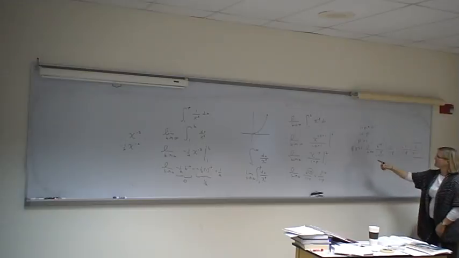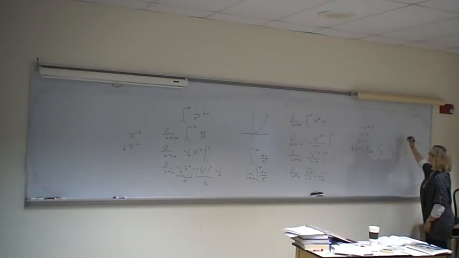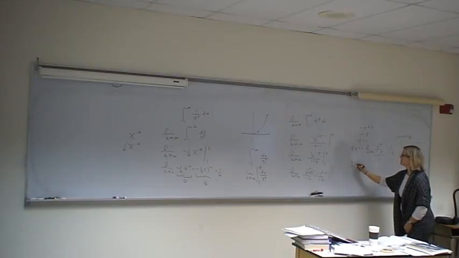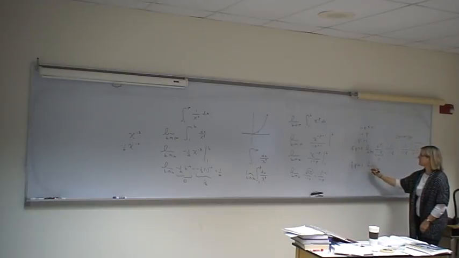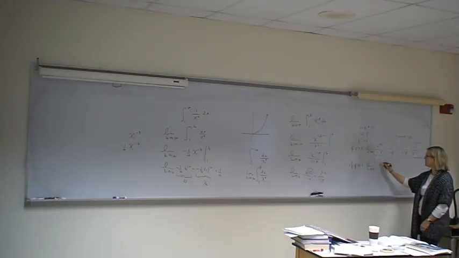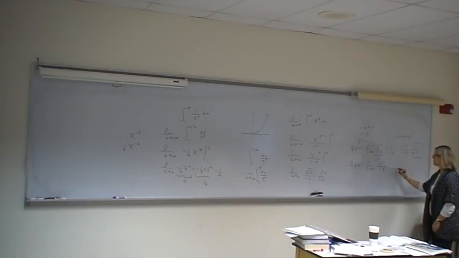So if p is greater than one, this is going to converge. If p is less than or equal to one, we would have the limit as b goes to infinity of b to the one minus p over one minus p minus one over one minus p.